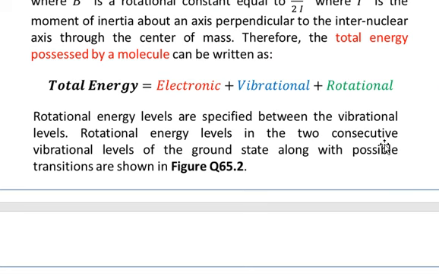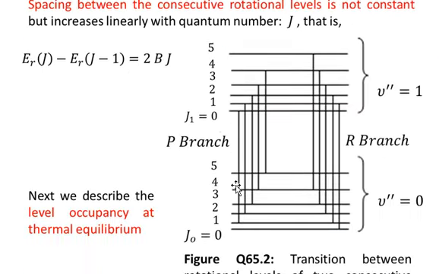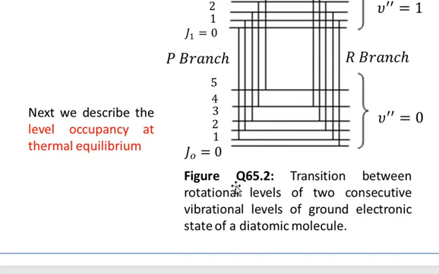Rotational energy levels in two consecutive vibrational levels of the ground state, along with possible transitions, are shown in figure 65.2. Let me explain this figure first. The caption of the figure is: a transition between rotational levels of two consecutive vibrational levels of the ground electronic state of a diatomic molecule.